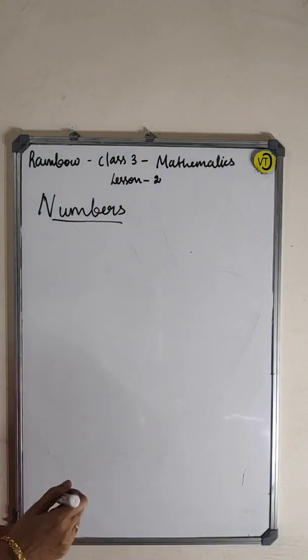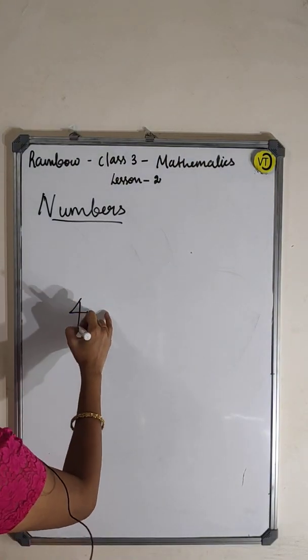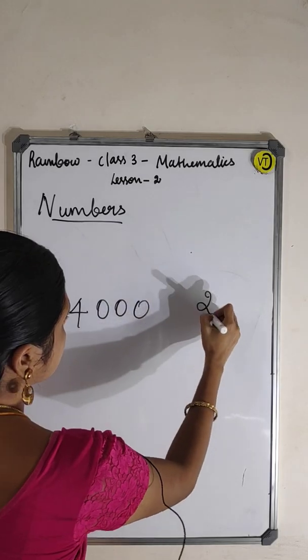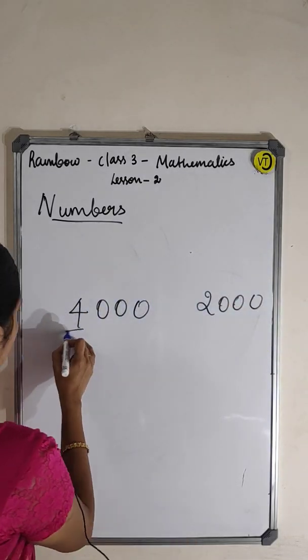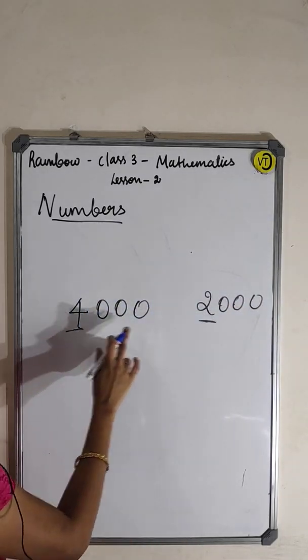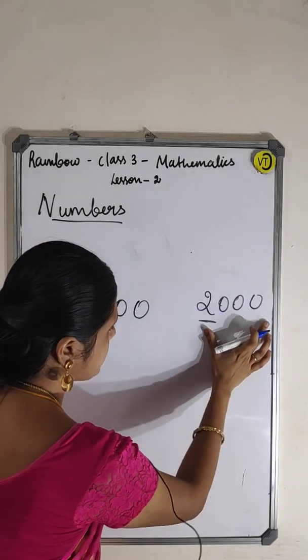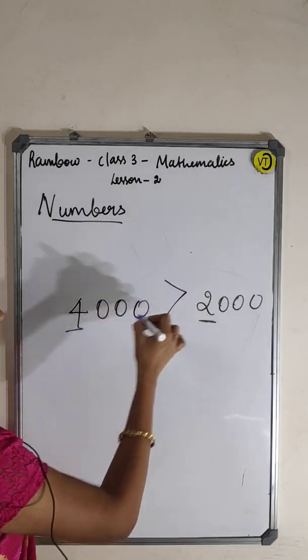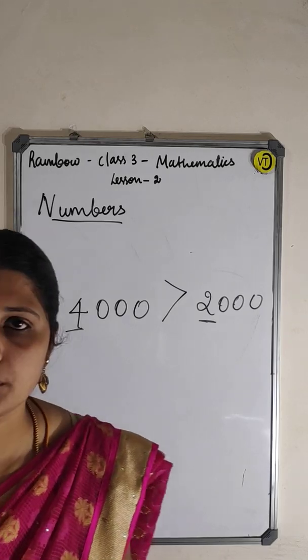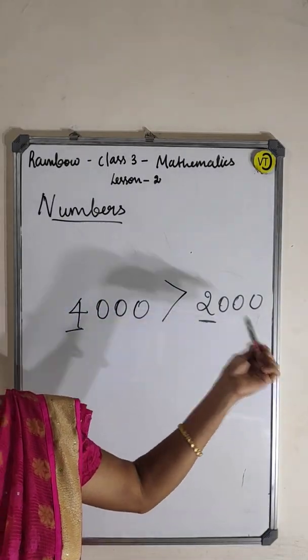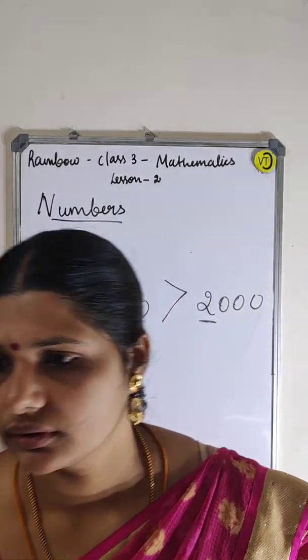Okay, now I will tell you one more number. It is 4000. It is 2000. Leftmost you check it. This is 4 and this is 2. Both are 4 digit numbers. So 4 is greater than 2, so 4000 is greater than 2000. I concluded like that. Okay.